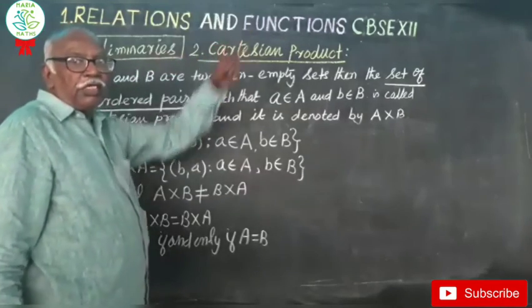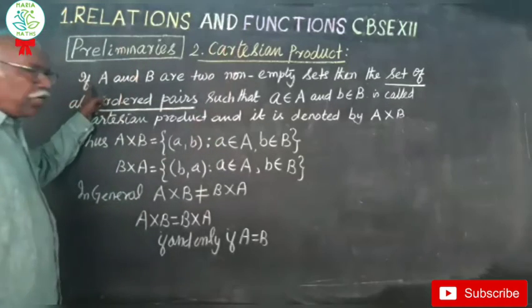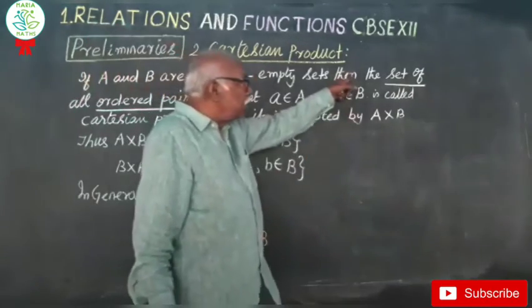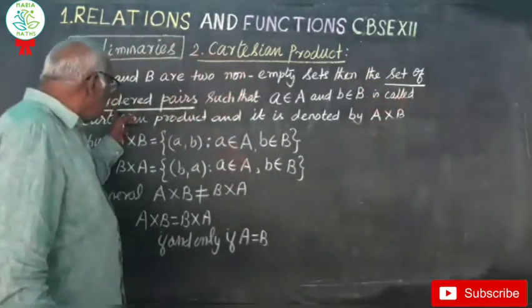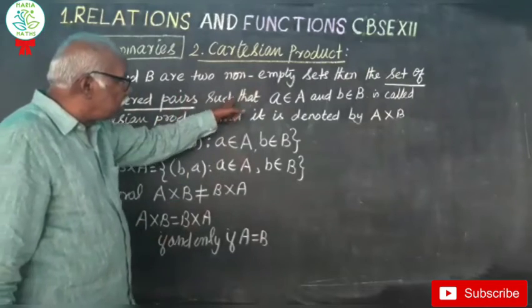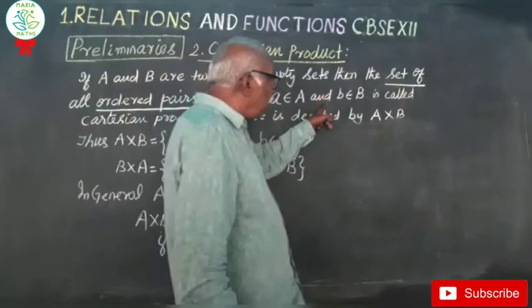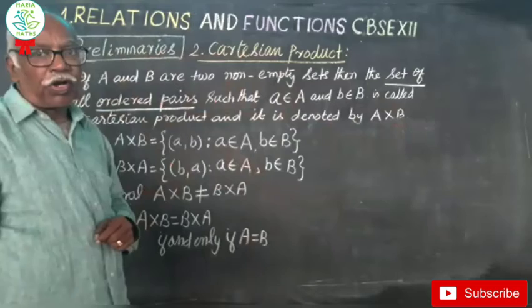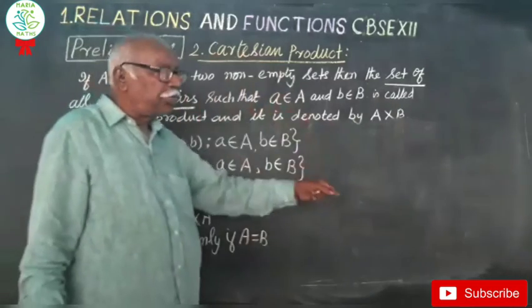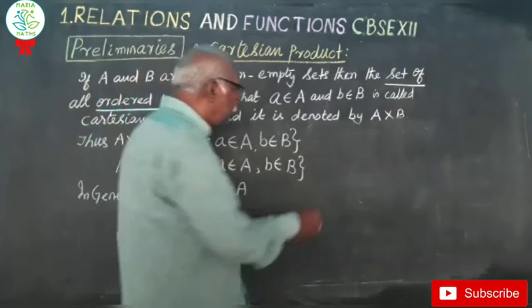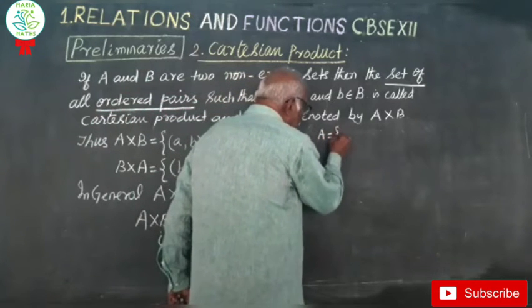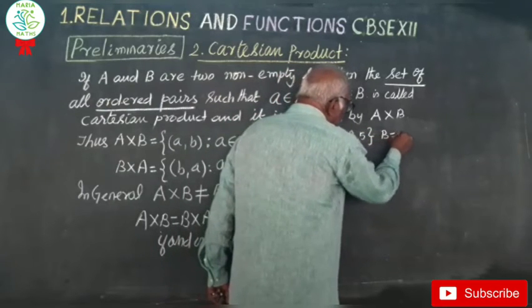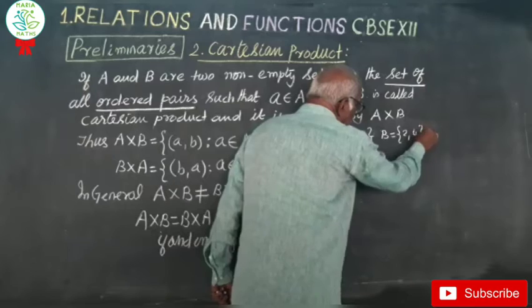Second one is the Cartesian product. If capital A and capital B are two non-empty sets, then the set of all ordered pairs (a, b) such that small a belongs to capital A and small b belongs to capital B is called the Cartesian product, and it is denoted by A cross B. Example: A equals {1, 3, 5}, B equals {2, 4}.